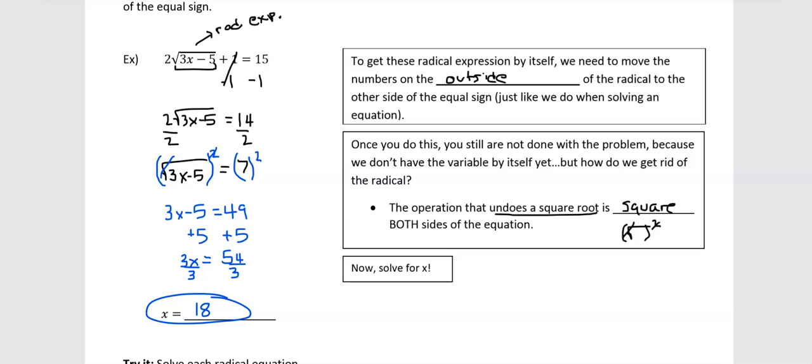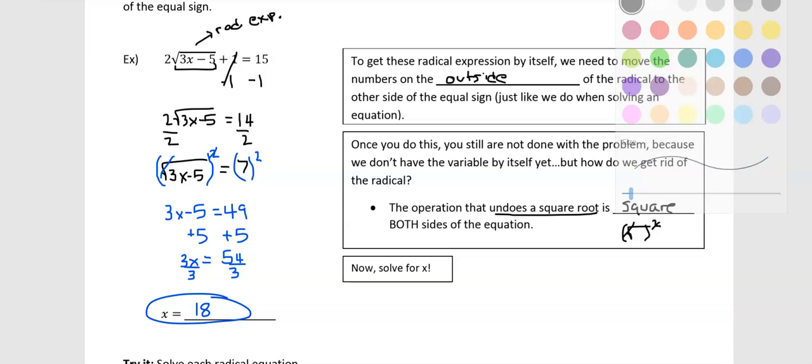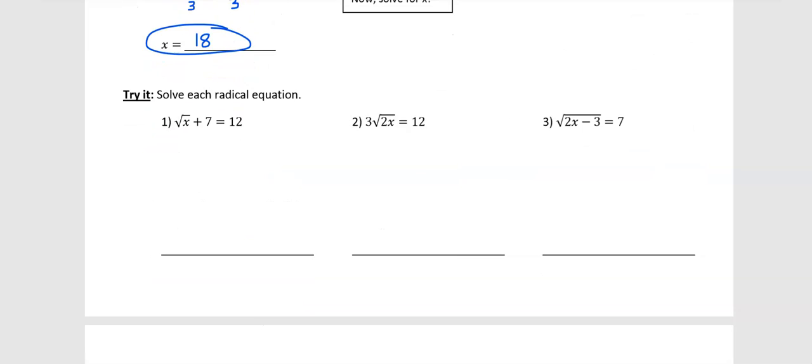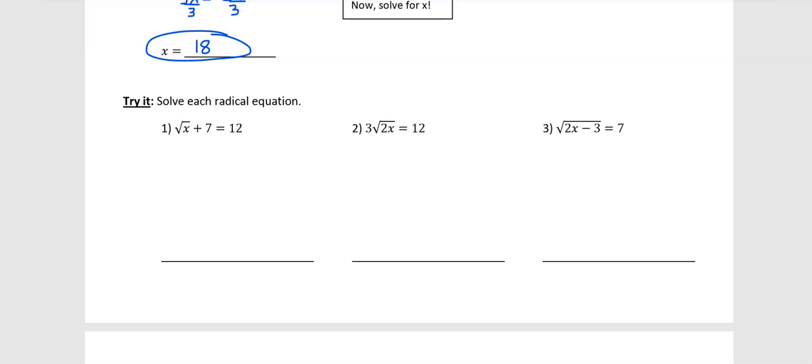Okay? So we're just going to continue on down through here. Do these 3. I might have you do a couple on your own, but I'll do this first one with you. So I want to get the radical expression. So again, this is the radical expression. I'm going to move the 7 away from it because it is outside the radical. So I'm left with 5 equals the square root of x.